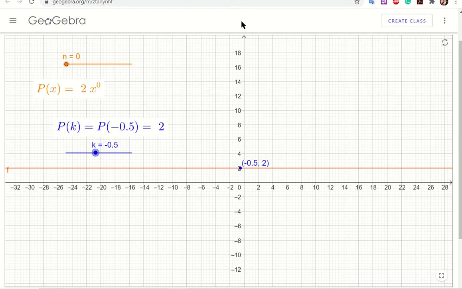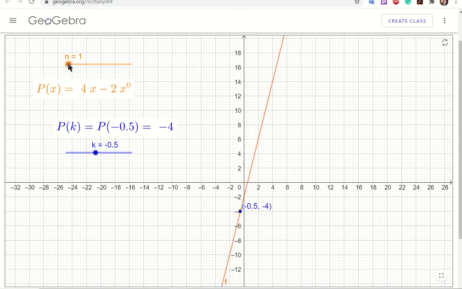Now, the degree of our polynomial is n, and I'm starting here with the constant function written in a polynomial form, x to the 0 times 2. So x to the 0 is always equal to 1, so we've got 2 times 1, therefore a constant function of 2. Okay, let's slide n, and here we go.